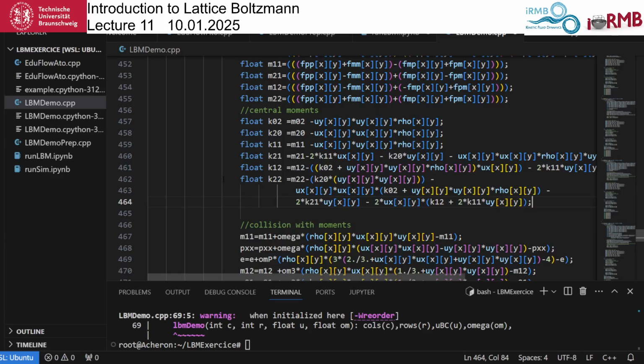Okay, now we have all the central moments, but this is not what we want. We want to have cumulants. Now if you listened to the lecture correctly, then you notice that the third order cumulants, their equilibrium is 0, but to the third order the cumulants and the central moments are still the same.